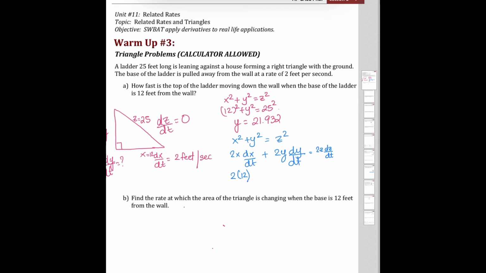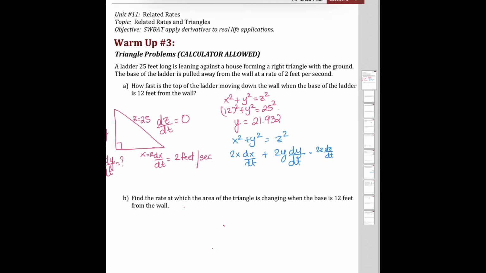So I know 2 times 12 times dx dt, which is 2. Actually, can I not factor out my 2's? I'm going to cancel these 2's. If I factor out the 2, these 2's actually cancel out. If you're not sure, let's do that another step.